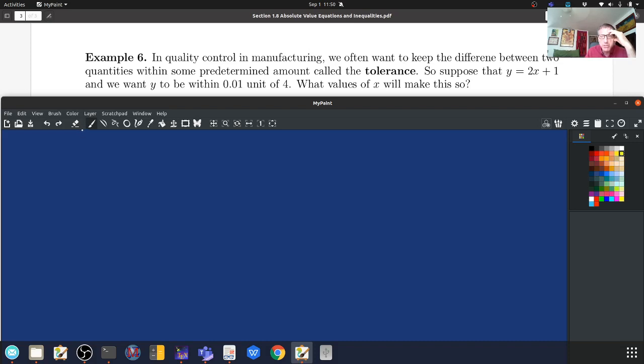So suppose that y is equal to 2x plus 1, and we want y to be within 0.001 unit of 4. So from what we just said, what values of x will make this true?